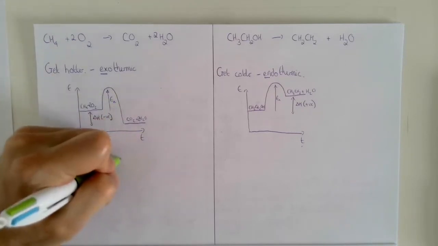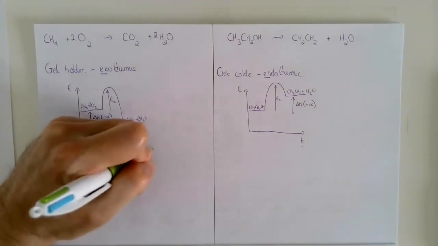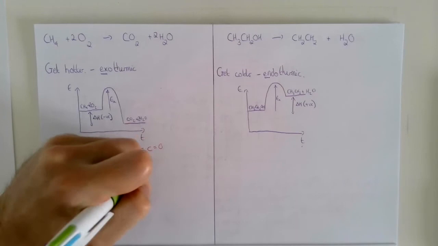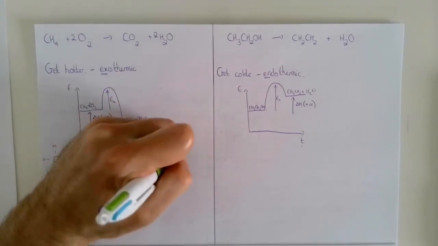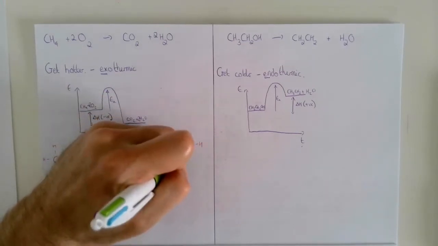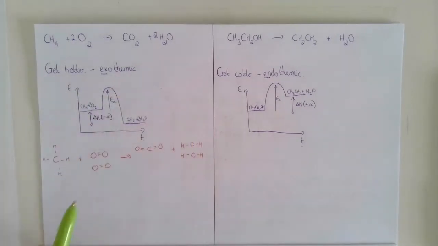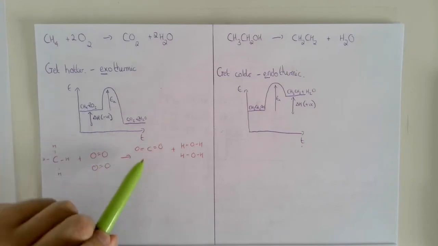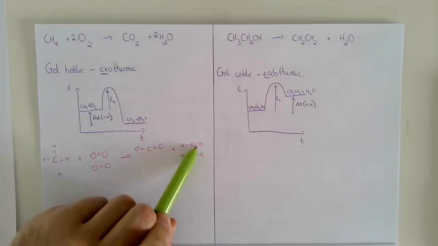So now we're showing the bonds inside the reactants and the bonds inside the products. In order to get this reaction to work, what I need to do in a little bit more detail is break these bonds in the reactants, and then I need to make all of these new bonds.